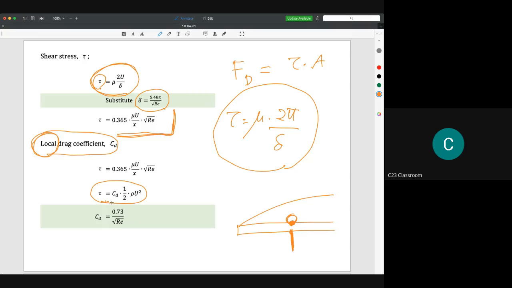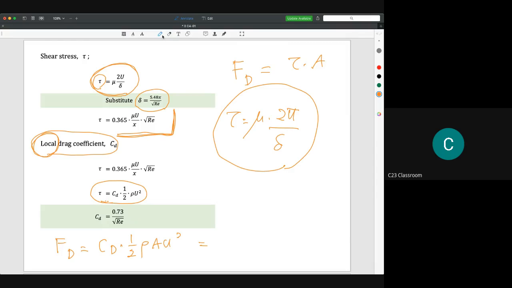Okay, so then what we do is we just use this equation. Previously I showed you that FD can be calculated by using C capital D times 1 over 2 rho A U squared.